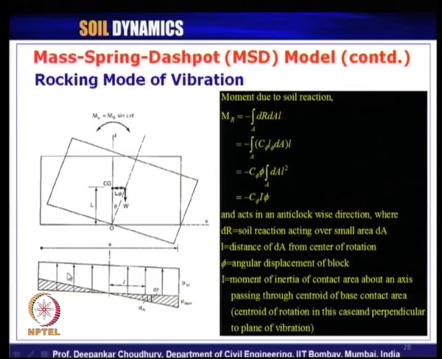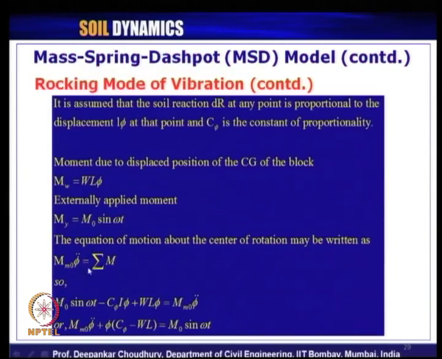So, M naught you can note down, it is mass moment of inertia about this point O, whereas I is the area moment of inertia. So, do not get confused, this is area moment of inertia, whereas M naught is mass moment of inertia, because here the inertia force is involved.